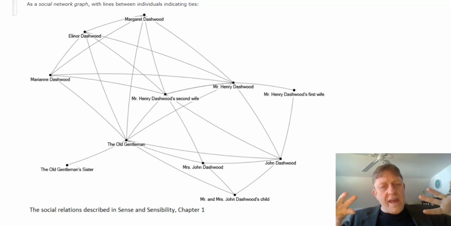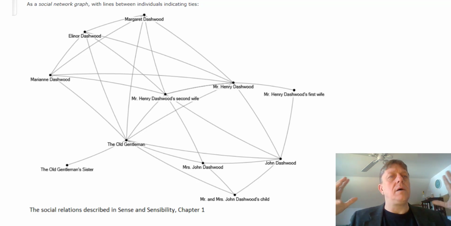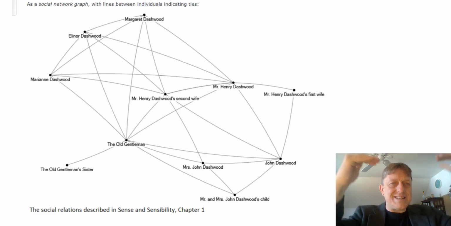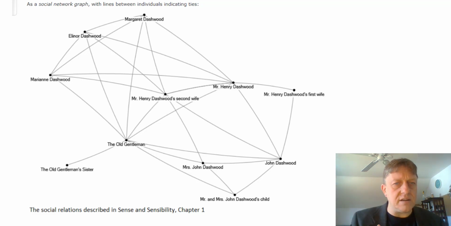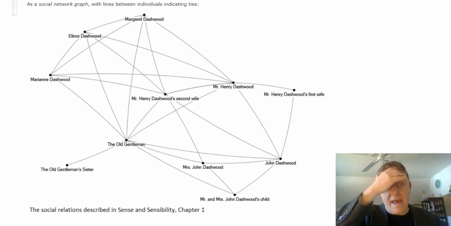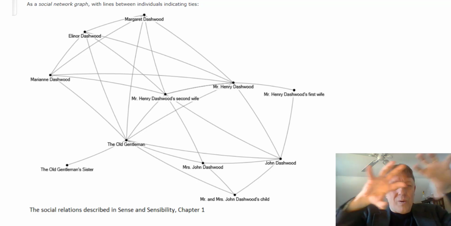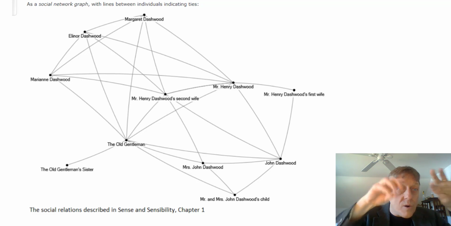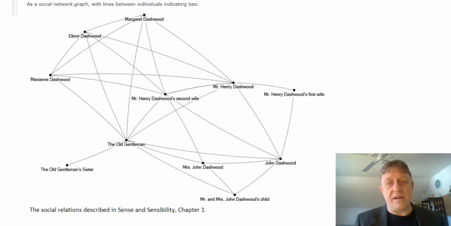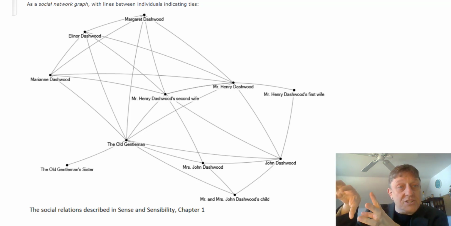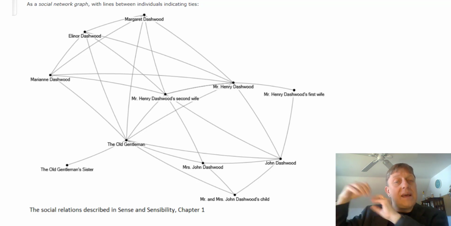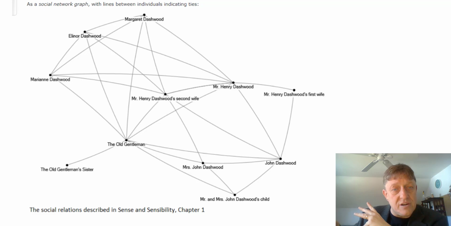So what we have here in this picture is not just a set of the relations and a listing of them, but a glimpse into the structure and a sense of what the camps are of individuals who are more related to one another. So there's Mr. and Mrs. John Dashwood and their relations over on one side, and they have many relations with each other.